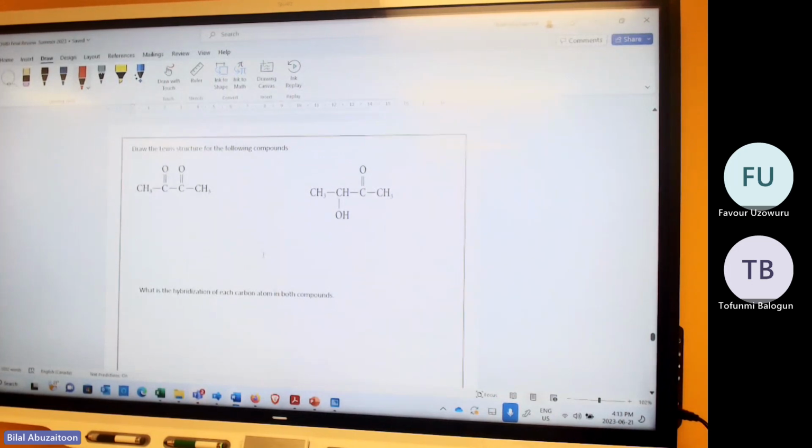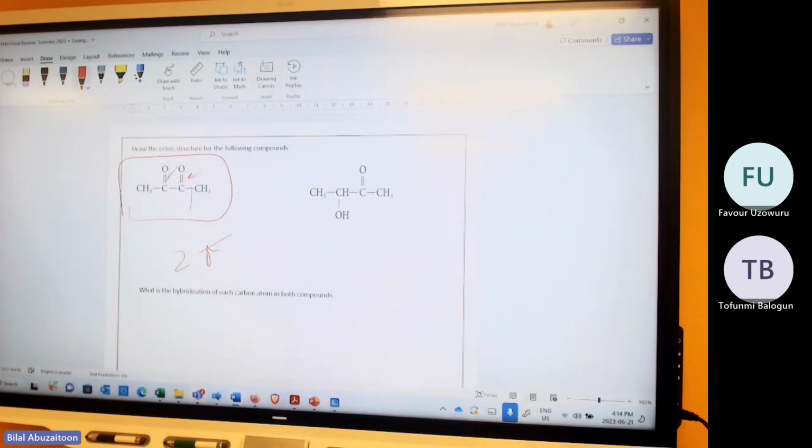If I ask you how many pi bonds are in this compound? Two. One from this double bond and one from this double bond. 2 pi bonds. Okay. How many sigma bonds?